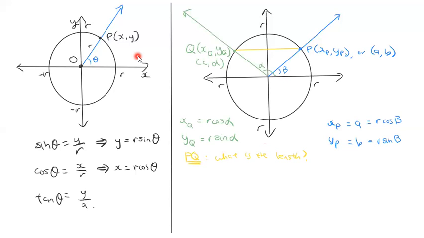I can see where you're going with that, but you can't assume it's a horizontal line because I'm going for any alpha and any beta.